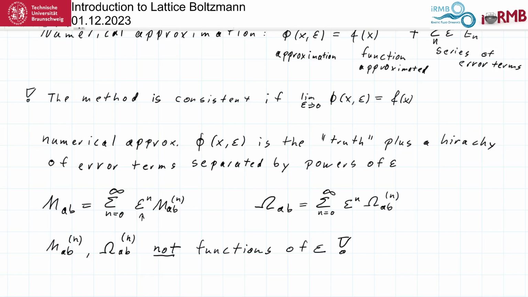So, we demand from this that all the information is expressed in this way, and that MAB n of the order n itself is not dependent on epsilon, but all the functionality of epsilon is here in this epsilon by the power of n. So this is very important, so that there is no hidden dependency, but we express the dependency in this series.